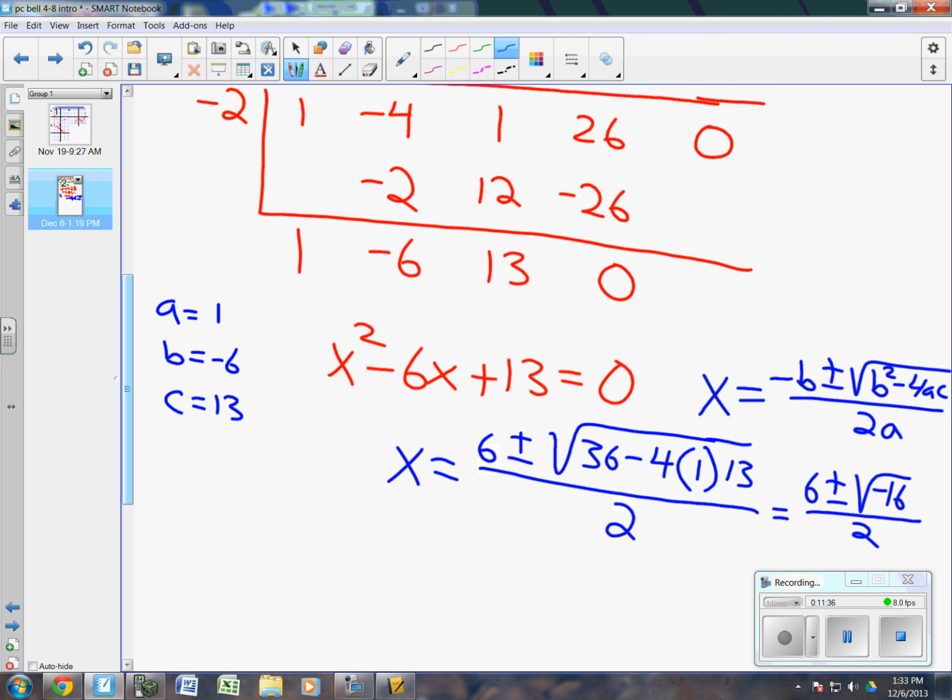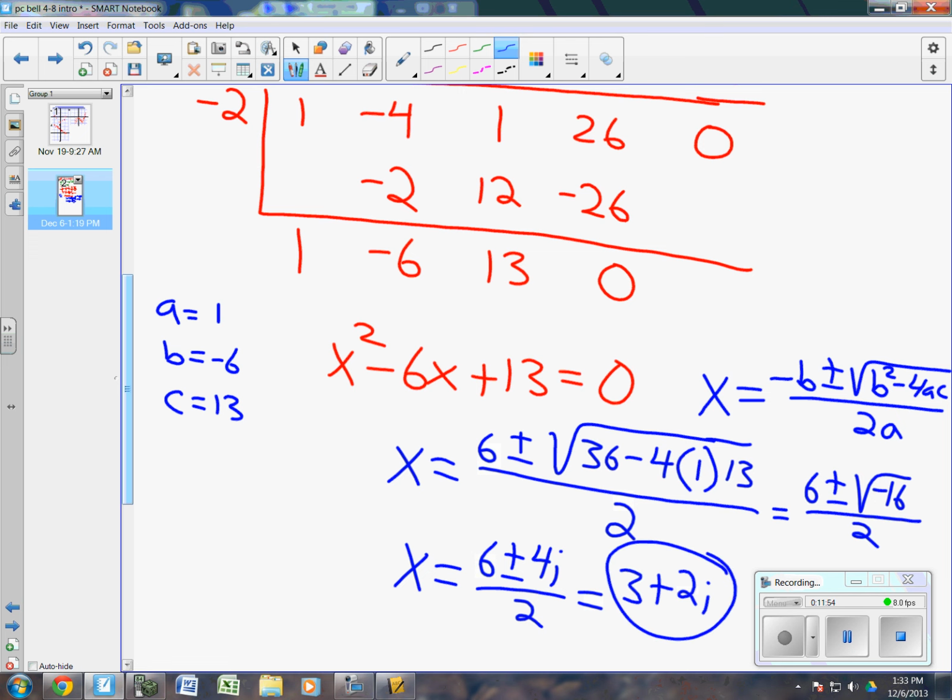Because it's a negative number, so we're going to have an i, right? So x equals 6 plus or minus 4i over 2. Will 2 go into both 6 and 4? So 2 will go into 6 how many times? And into 4. So my answer, 3 plus or minus 2i.